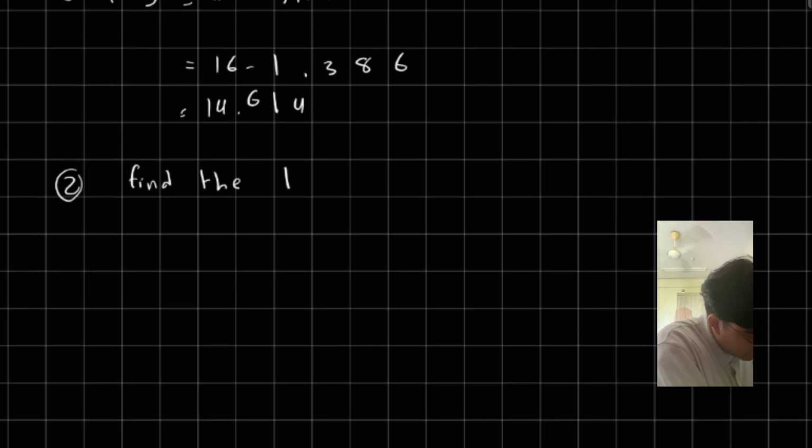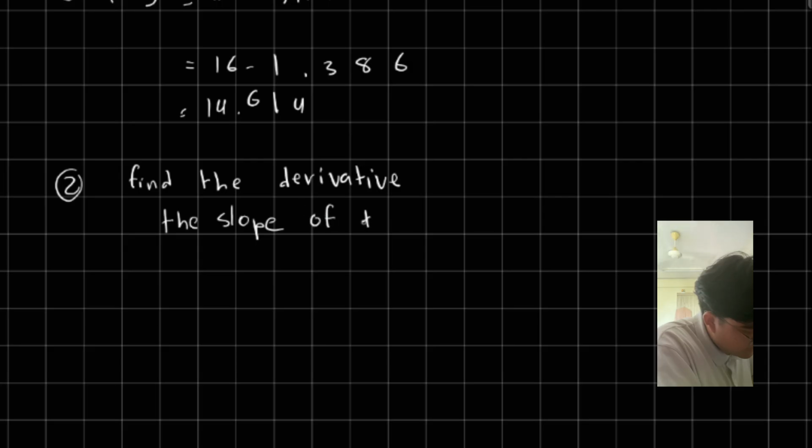The derivative tells us the slope of the function. f prime x is equal to 2x minus 1 over x.